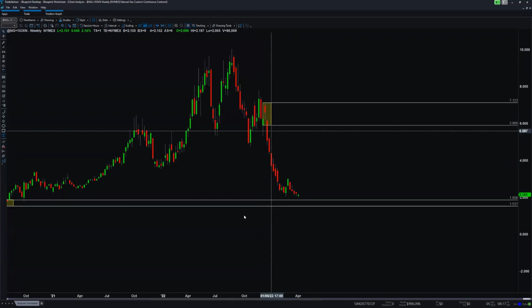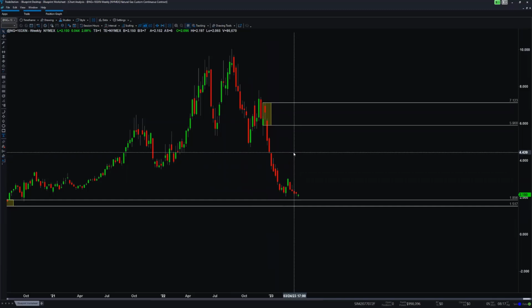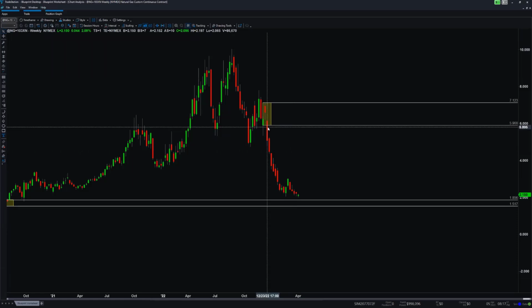I'm being more contextual. I'm being more bird eye view. I'm trying to visualize. I'm trying to really understand where could be unfilled orders in terms of where's the origin of potential major imbalances that had happened in the past.